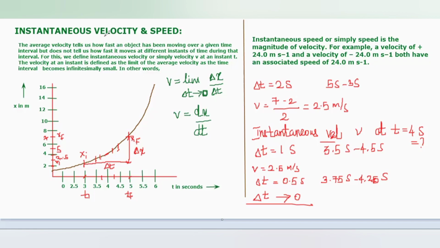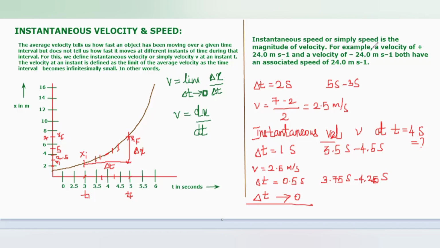The same way, the instantaneous speed, or simply speed, is the magnitude of the velocity. Because for velocity we will mention whether it is plus or minus, like in what direction it is. But the instantaneous speed is only the magnitude. We won't consider the direction.